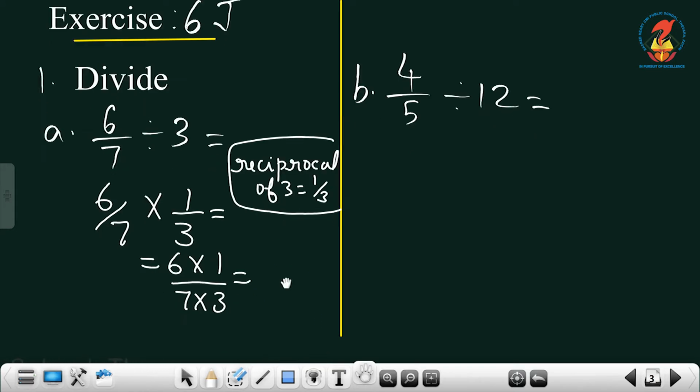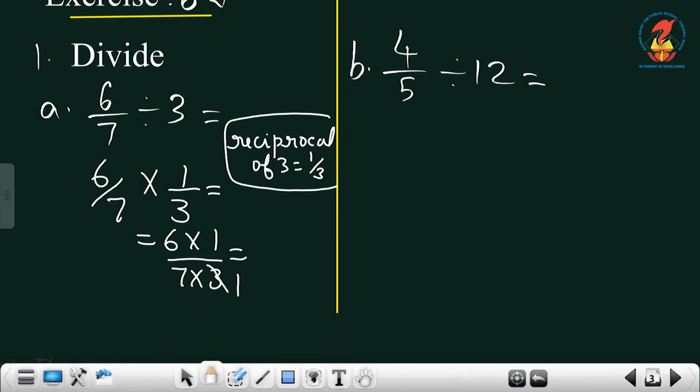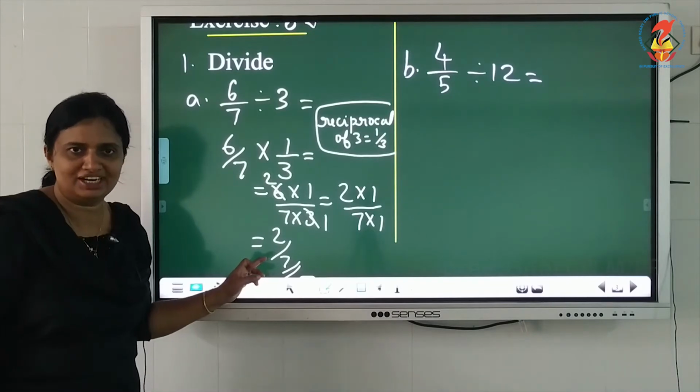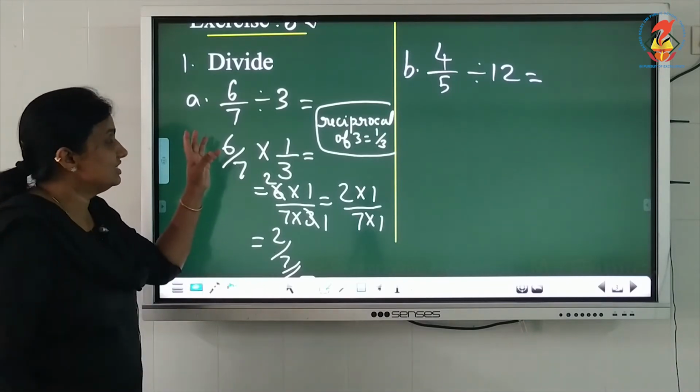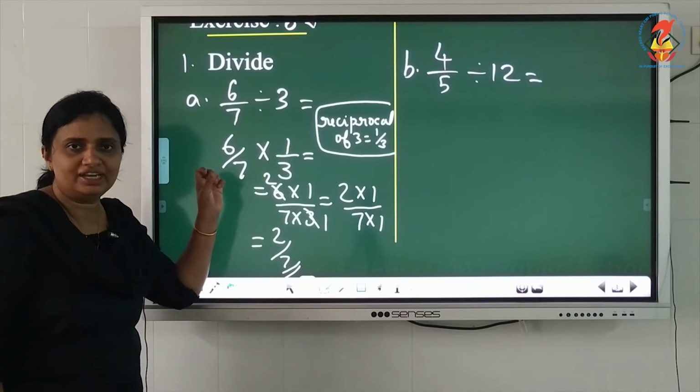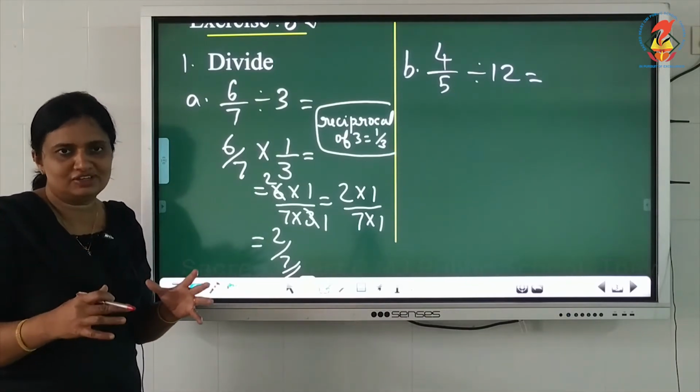Shall I cut it like that? 3 and 6, 2. And the balance is what? 2 into 1 divided by 7 into 1. Answer is what? 2 by 7. Then only it will become the lowest term, right? Okay. And in the question, we need to divide and make it into the lowest term also, right?